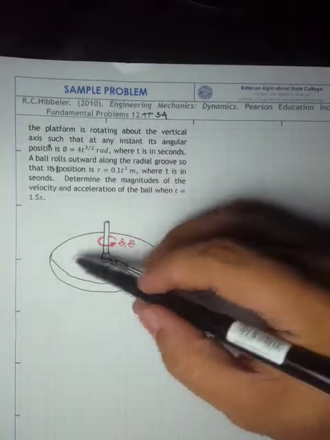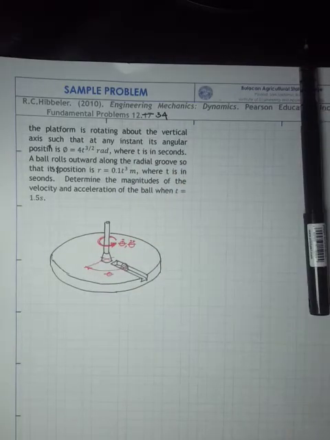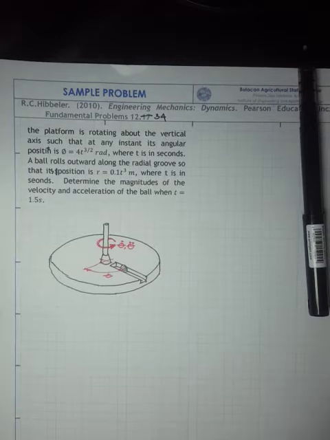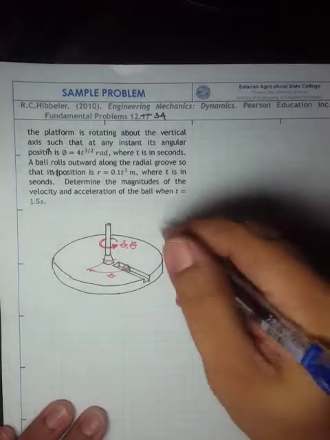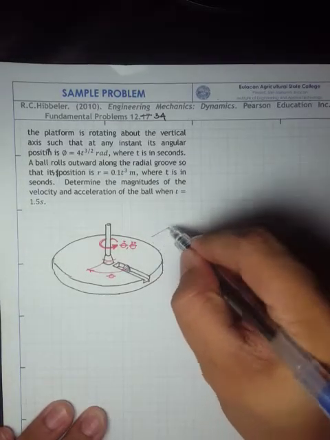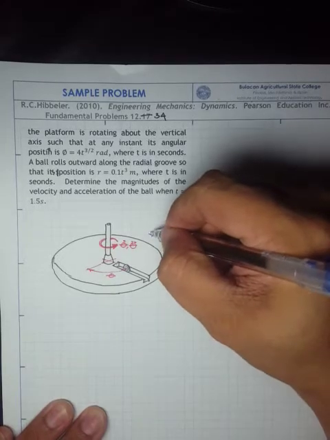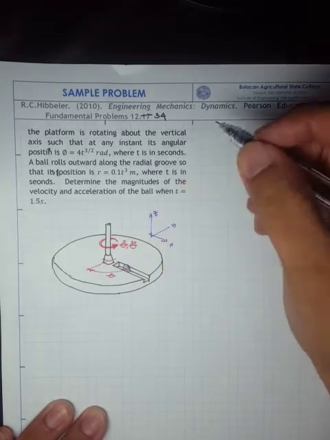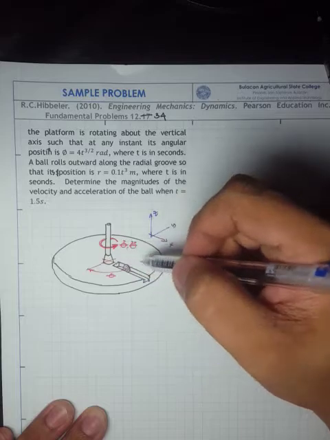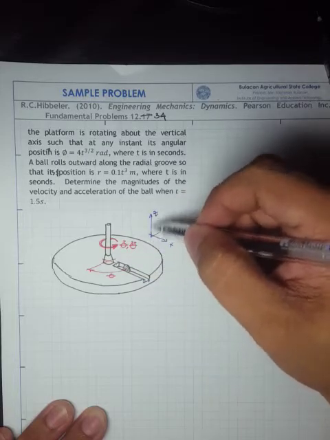So this is our disk, and if we try to draw this in terms of XYZ axes, let's say this is our X, this is our Y, and this is our Z axis. It is rotating along this Z axis.